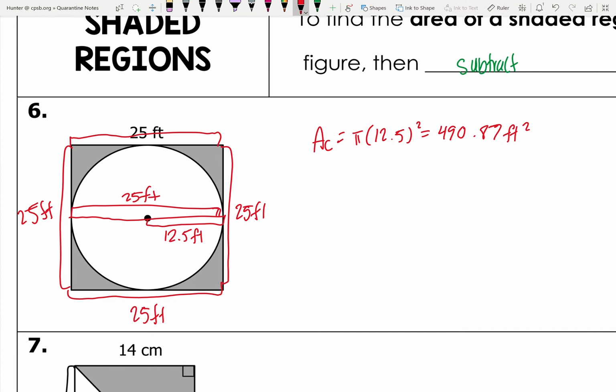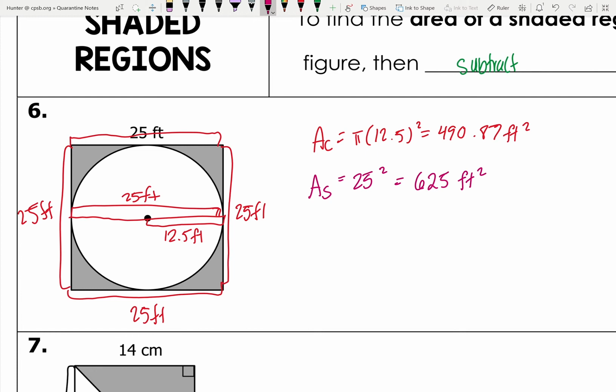Now, to find the shaded region, let's go ahead and find the area of the whole entire thing first, which is the square. So A sub s, or A of the square, is equal to the side squared. That's the area of a square formula. So this will be 25 squared, which is 625 feet squared.